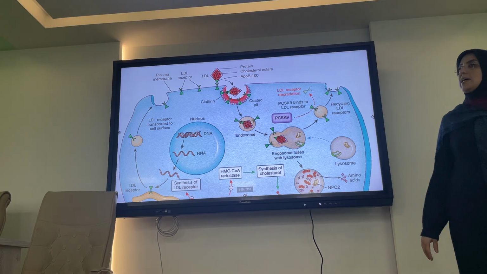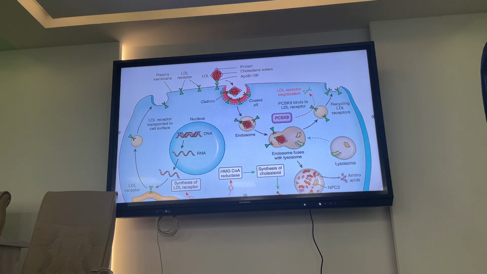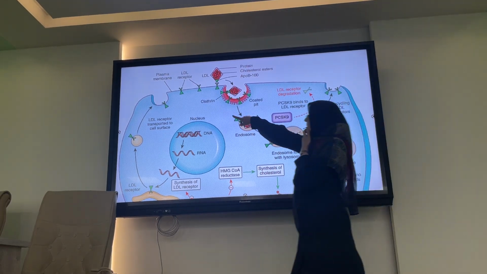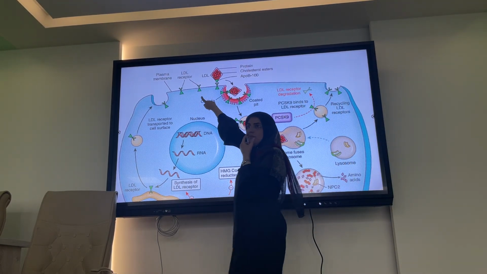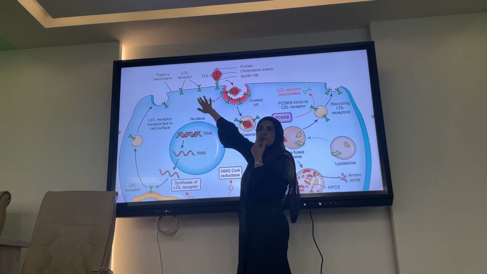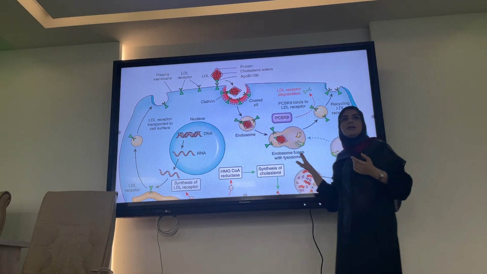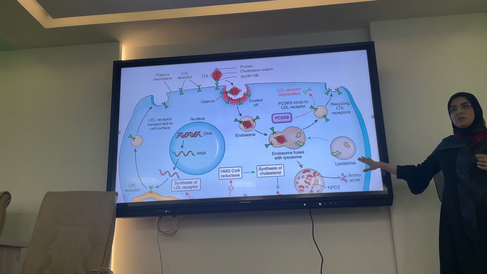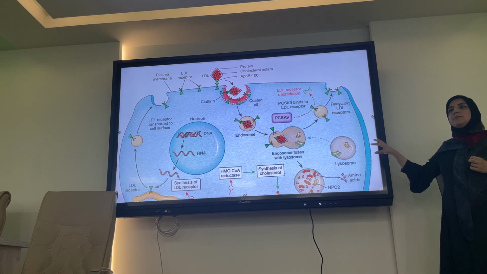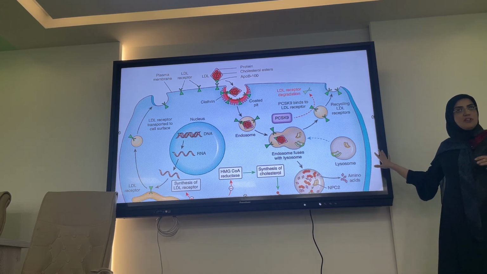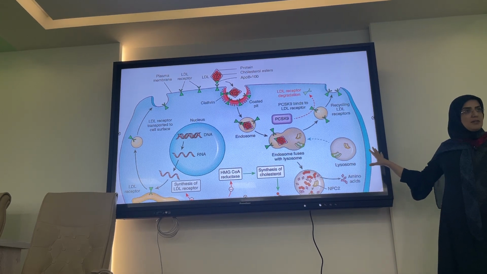Can you explain this for me? LDL receptor. Study this for tomorrow and explain it tomorrow for the class, okay?